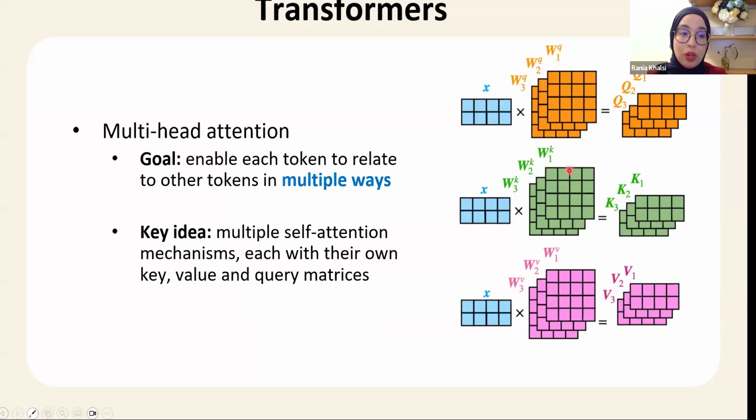So we are going to introduce multiple self-attention mechanisms, each with its own key, value, and query. And our goal is to enable each token to relate to other tokens in multiple ways. Okay. So mainly what happens is that we're introducing multiple filters, okay? Instead of multiple filters, sorry, multiple head attentions, okay?